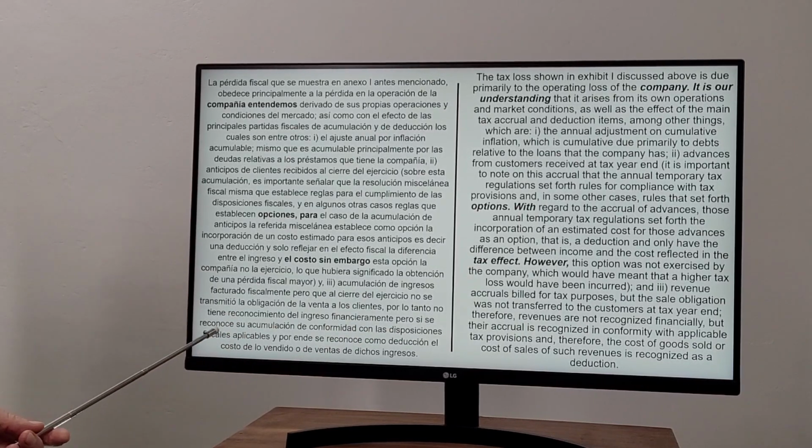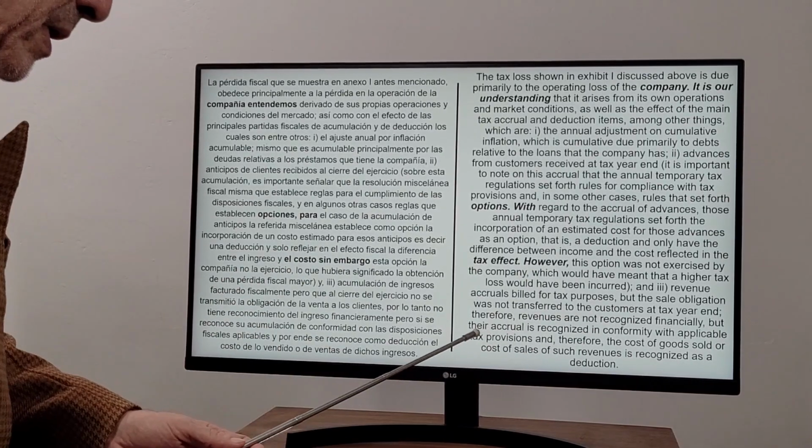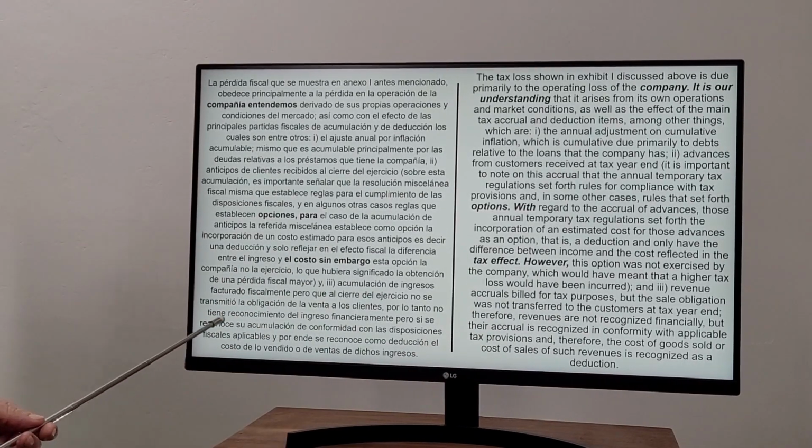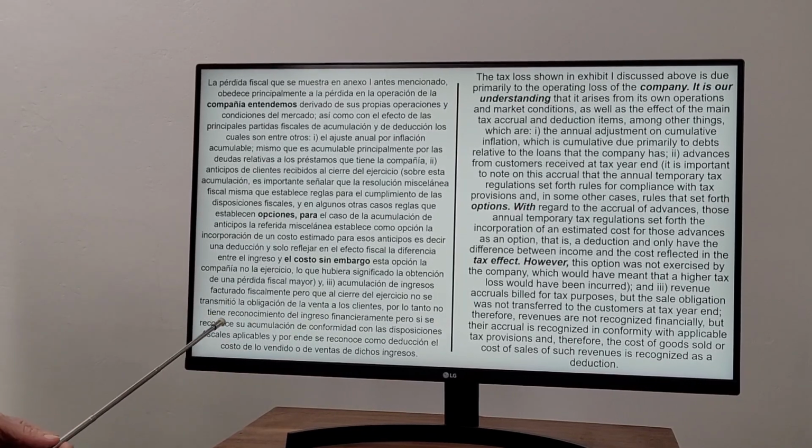Pero si se reconoce su acumulación, we have another reflexive verb. And then I come to acumulación. That's going to be my subject. But their accrual, I pick up my verb in the reflexive form.